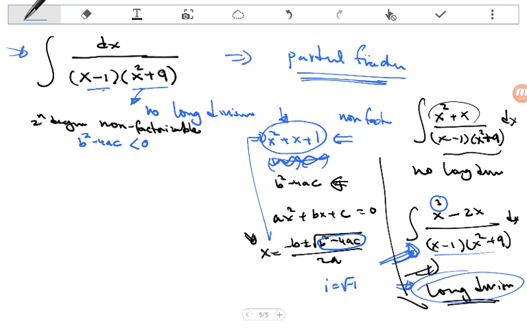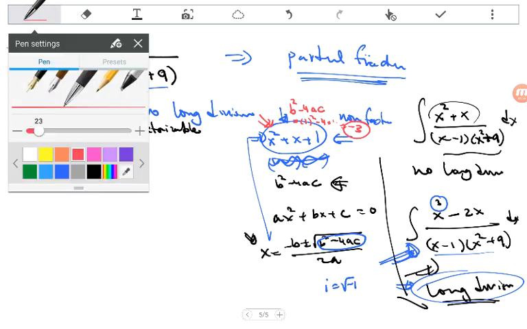If I check this one, b is equal to 1. So b squared minus 4ac will be 1 squared minus 4 multiplied by 1 multiplied by 1, which will be minus 3. So this is negative, so I know now that this expression is non-factorizable.